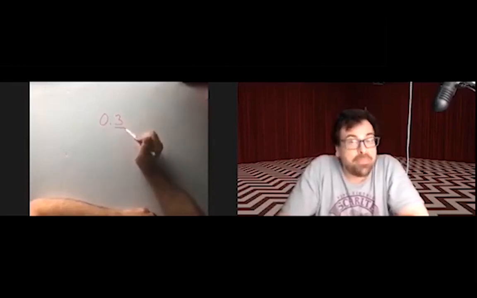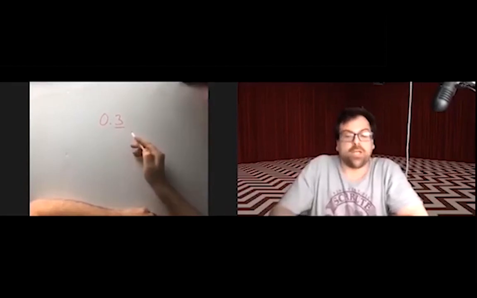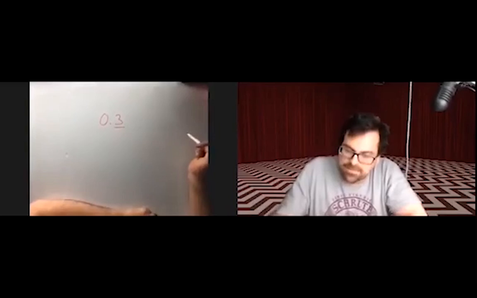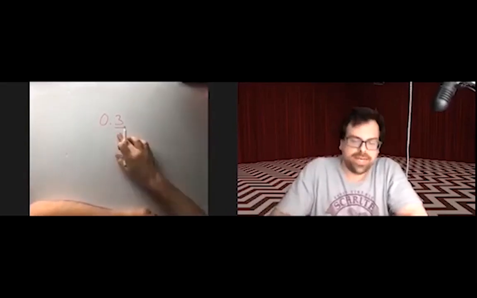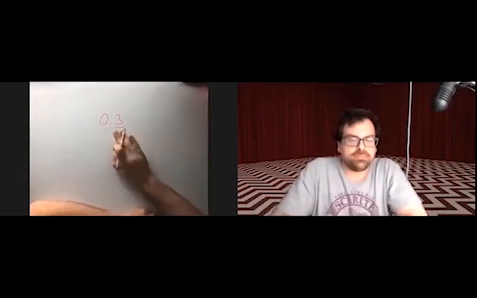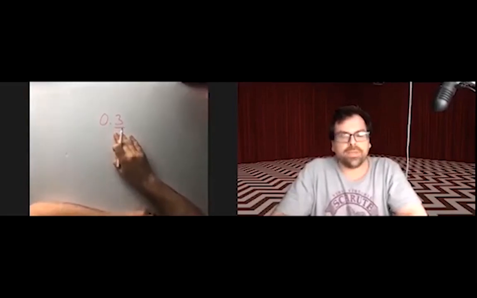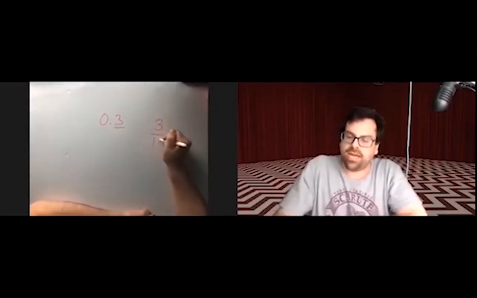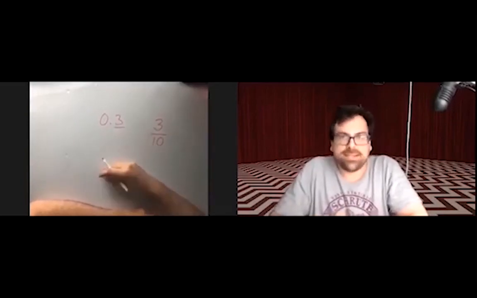It ends in the tenths spot: tenths, hundredths, thousandths, ten-thousandths, hundred-thousandths, millionths. It ends in the tenths spot. It's spoken 3 tenths, which sounds an awful lot like the fraction 3/10. And that's because it is.